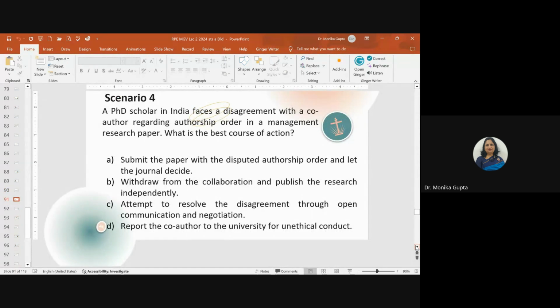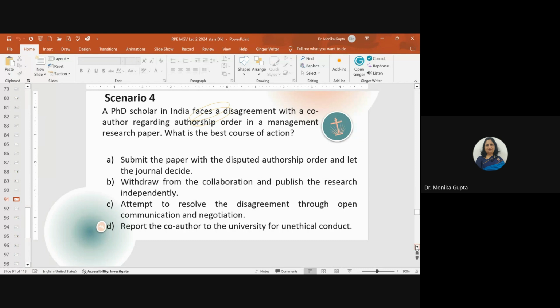Now, a PhD scholar in India faces a disagreement with a co-author regarding authorship order in a management research paper. What is the best course of action, according to you? Madam, can you repeat the question? A PhD scholar in India faces a disagreement with the co-author regarding authorship order in a management research paper.